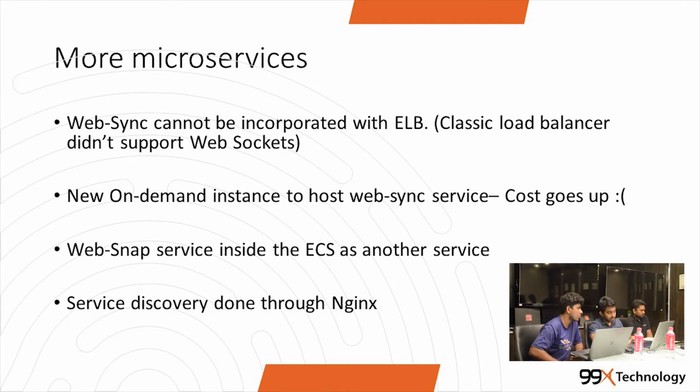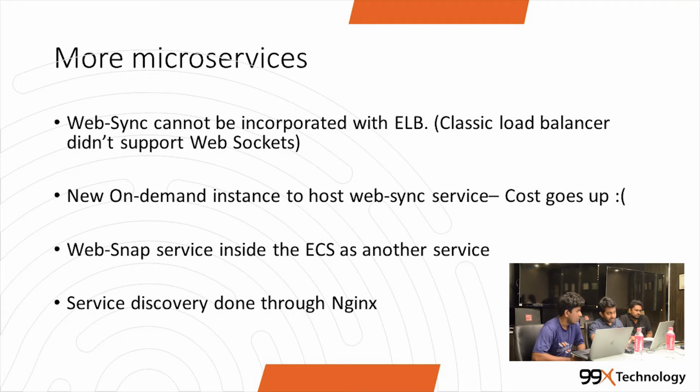I hope you remember your OSI model: HTTP and HTTPS run on layer 7. So this didn't suit our WebSocket protocol implementation. What we had to do additionally, Ramesh, was spin up a new EC2 instance on our AWS platform and put that service into it.